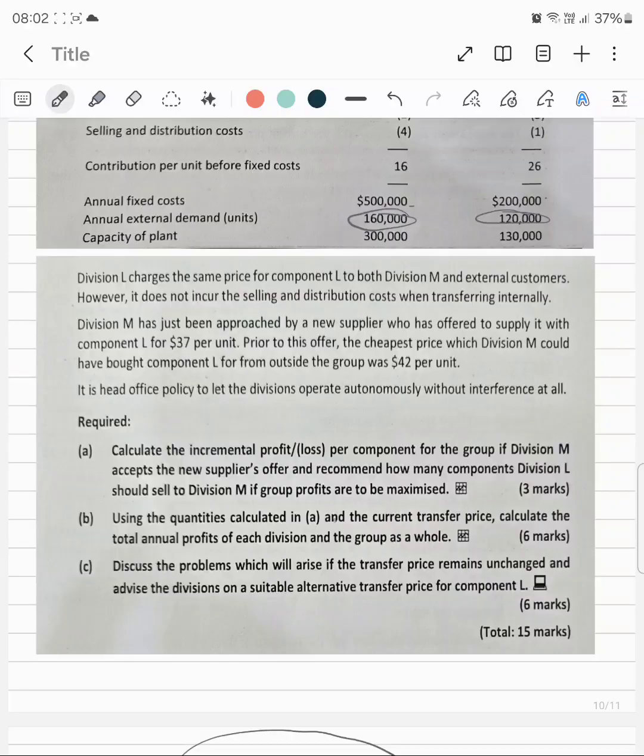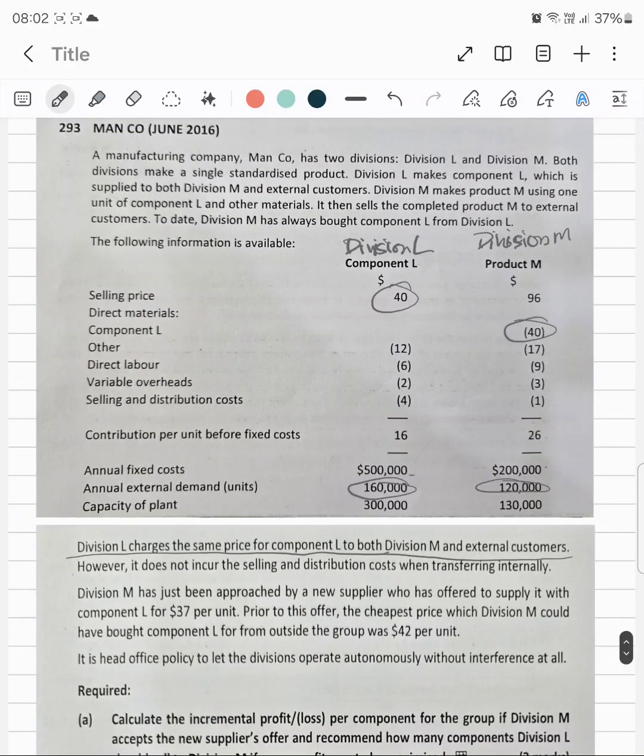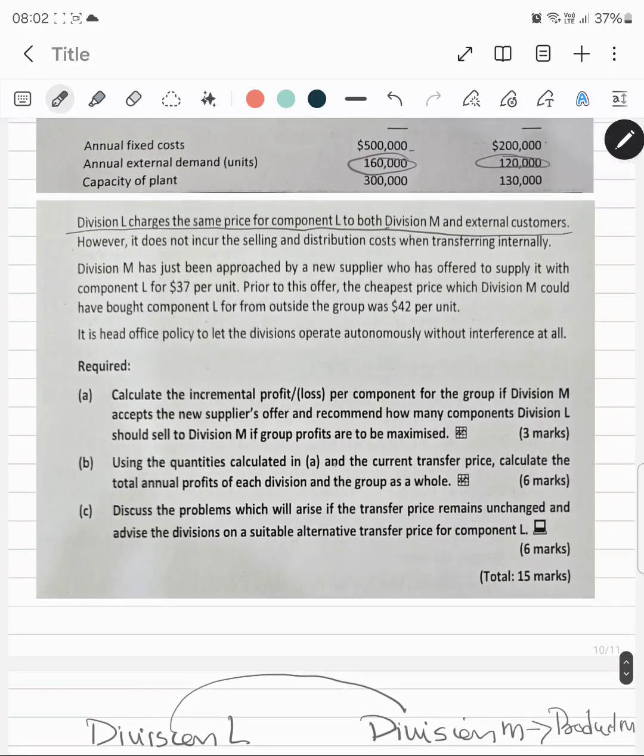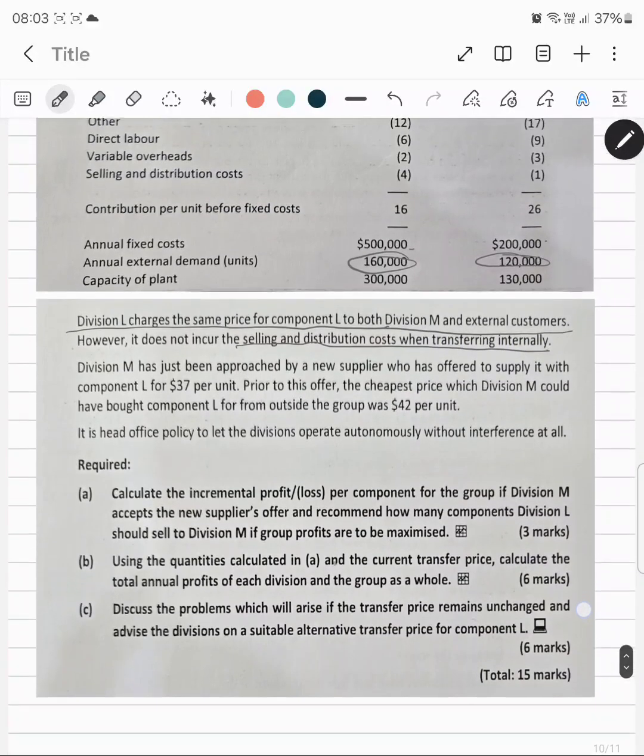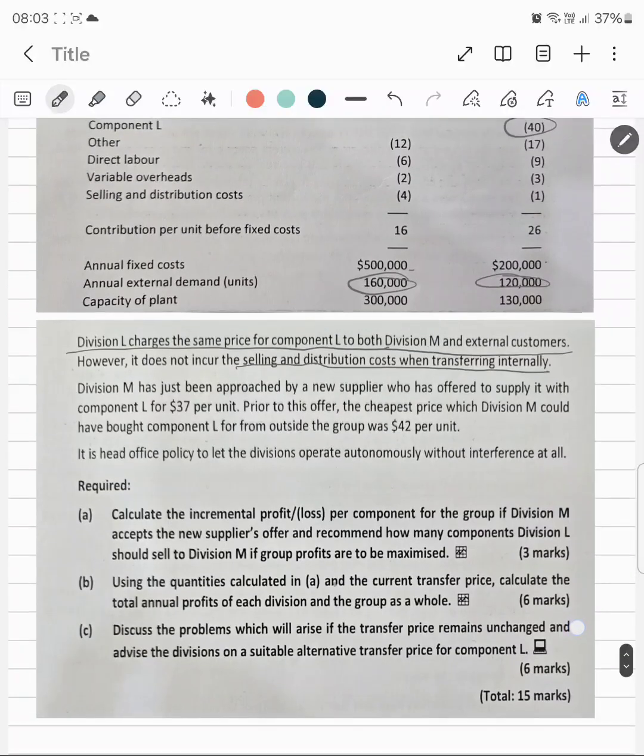This is really important: Division L is using the $40 price for both external sales and internal transfer. However, it does not incur any selling and distribution cost. This is another piece of information: we do not need to consider selling and distribution cost in case of internal transfers.